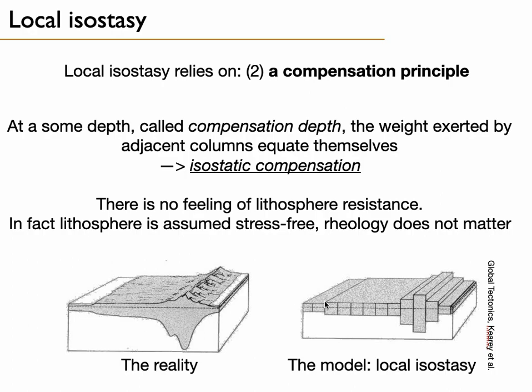In the case of a local isostatic model, we would assume that the crust can be discretized into blocks that slide past each other without any resistance. So there is no resistance of the underlying mantle. But we will discuss this in more detail in the lecture on flexure.